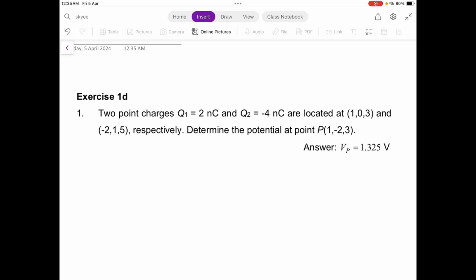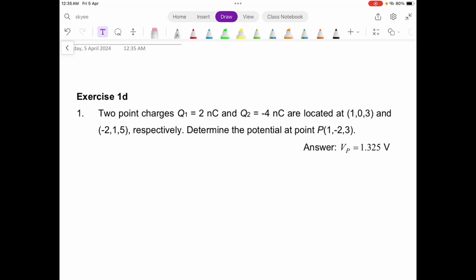Alright, now let's look at this question on potential difference. You have 2 point charges, Q1 and Q2, located at 2 different positions respectively, and now you have to find the potential at point P. We have 2 sources of electric field.